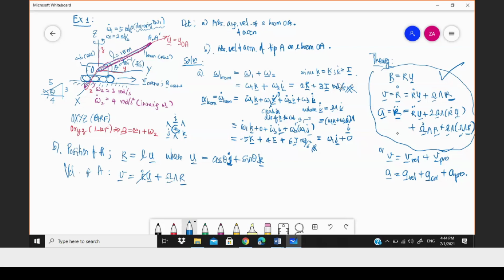Why? Because there is no change in the magnitude of R. When is R dot not 0? If you have a telescopic arm OA, telescopic arm OA is like this.